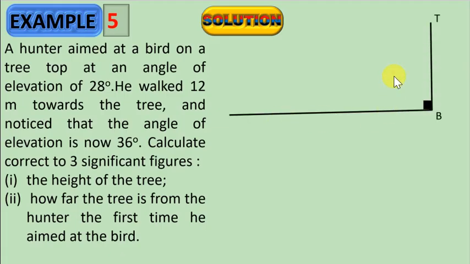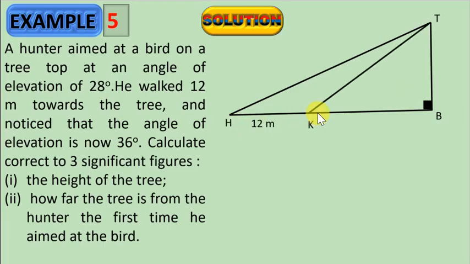Now, that's the sketch. So from there we draw. Remember, the hunter is here, and then the angle of elevation is 28. And then he moved 12 meters towards the tree, moving from H to the position K. Now he observed another angle of elevation to be what? 36.